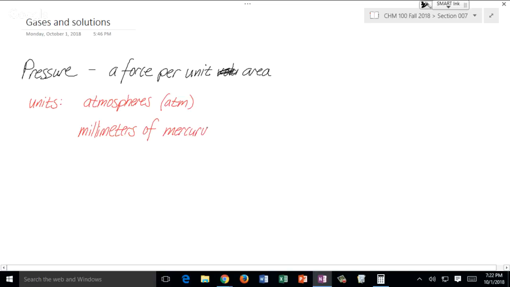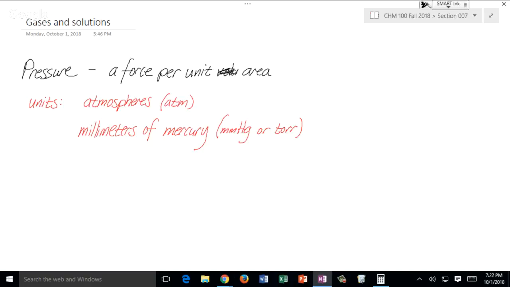is millimeters of mercury, which is a weird unit. Sometimes also more commonly now known as torr. That's a strange pressure unit because it's millimeters, so it sounds like it should be a length.